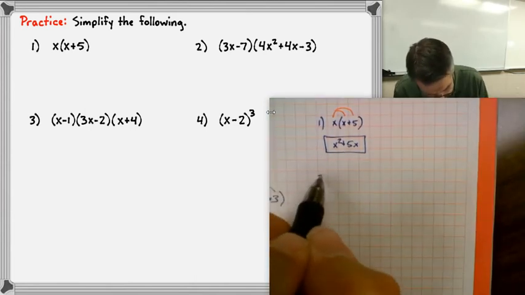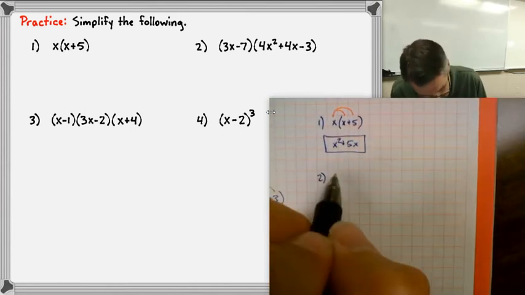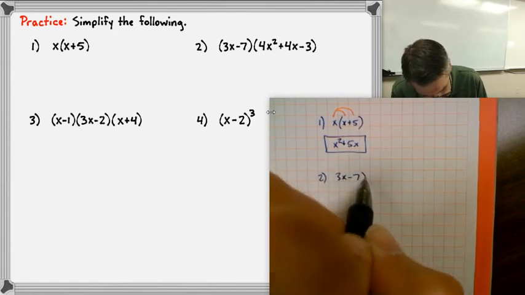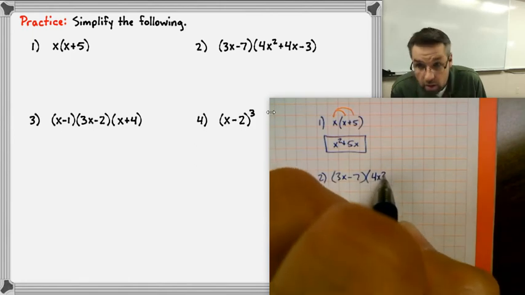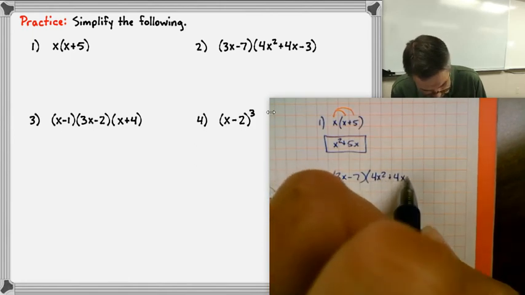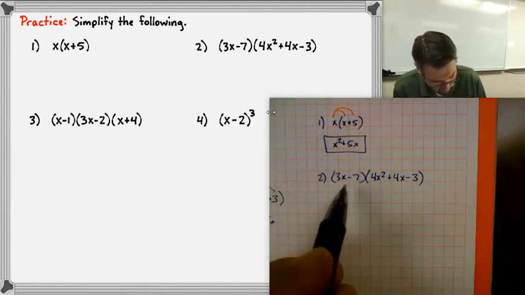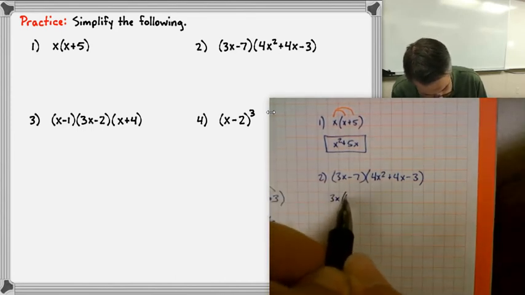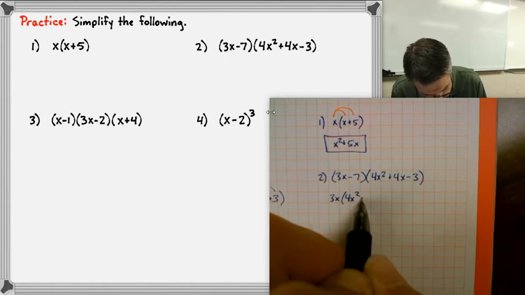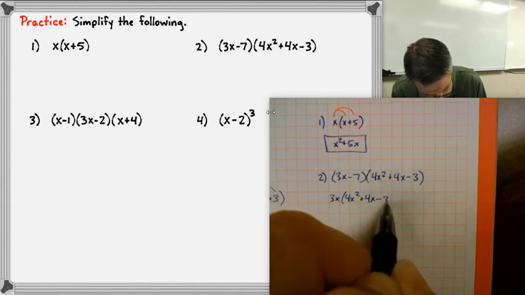Okay. For number 2, we have something that says 3x minus 7 times 4x squared plus 4x minus 3. Well, we're going to go ahead and expand that like we did before. That's going to say 3x times 4x squared plus 4x minus 3.